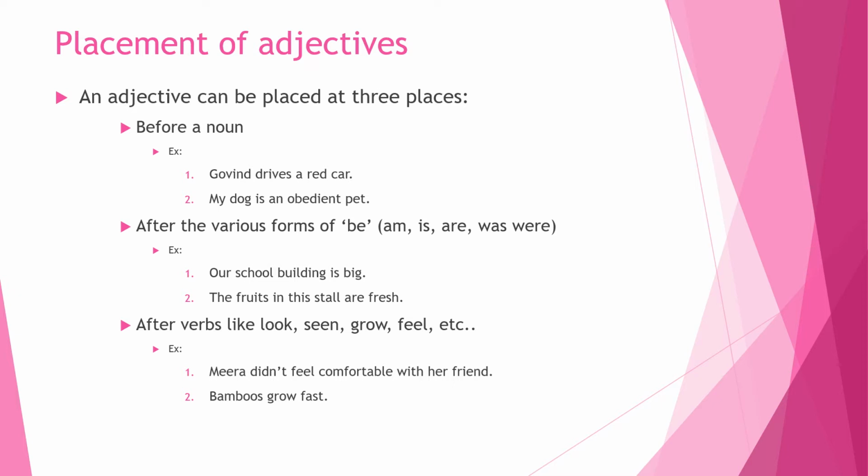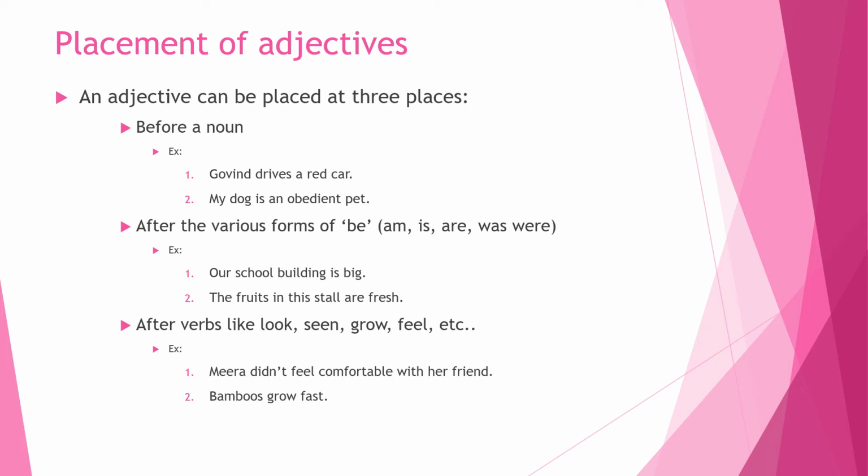Govind drives a red car. In this example, car is a noun and red is an adjective. So, we place an adjective before a noun, that is car. In the next example, my dog is an obedient pet.